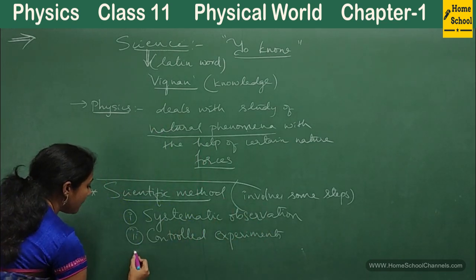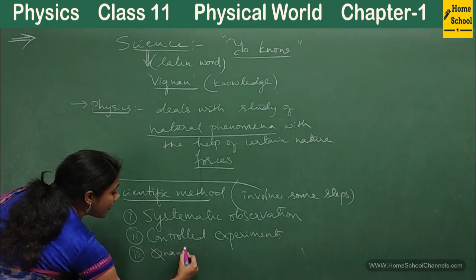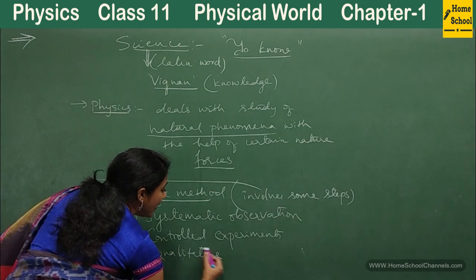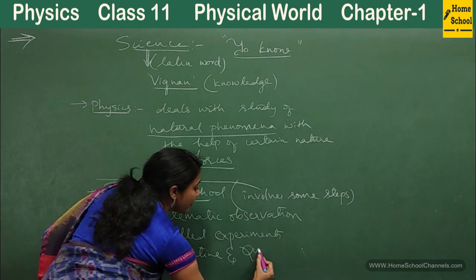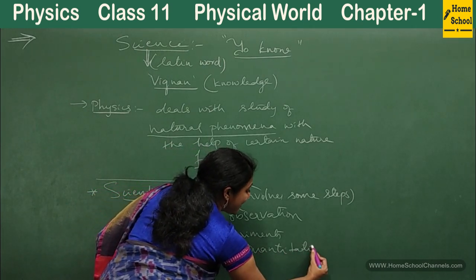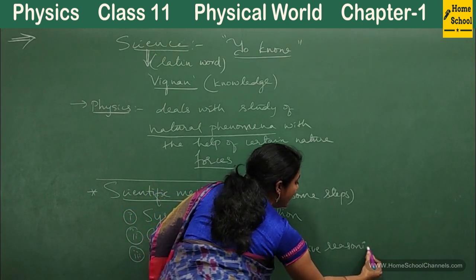And the third step is qualitative and quantitative reasoning. I'll explain all these things with the help of one example. Don't worry.